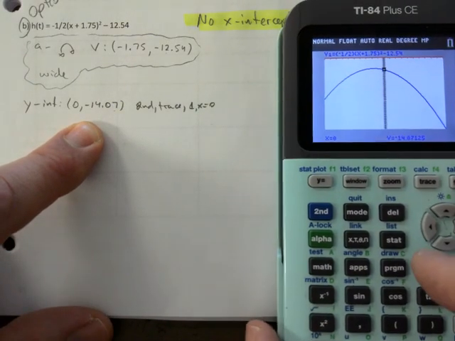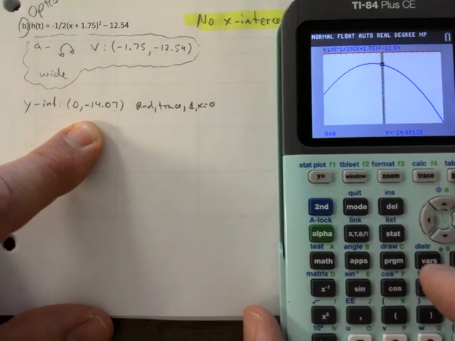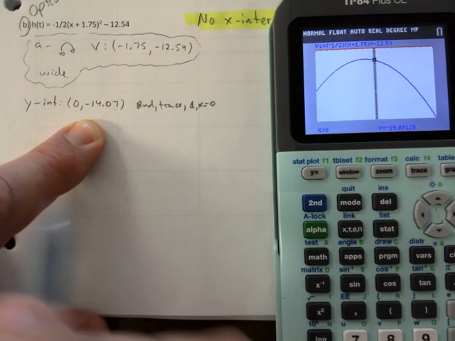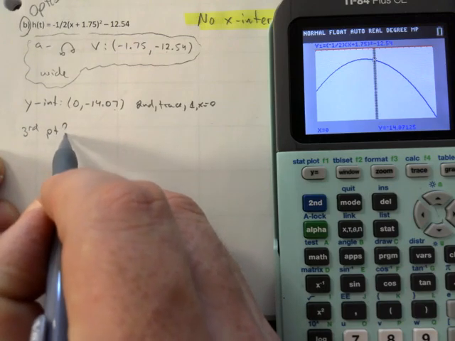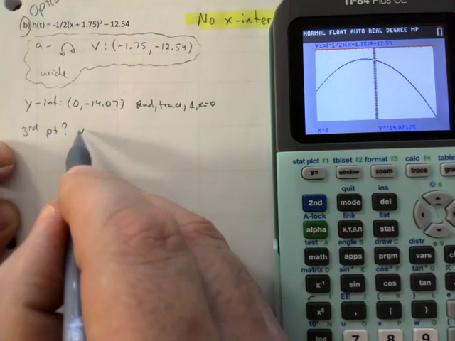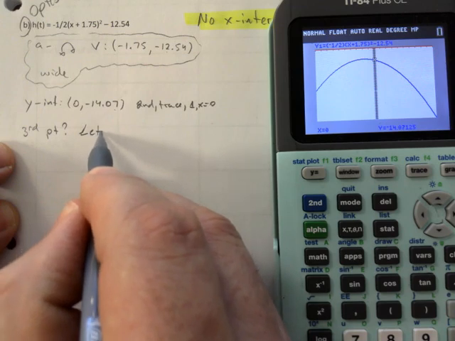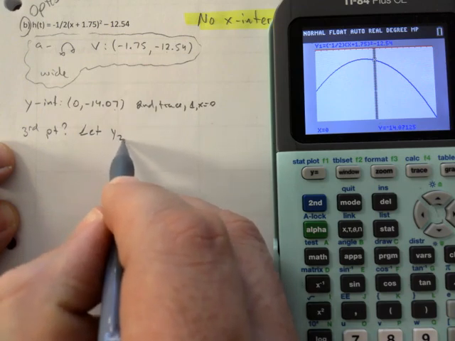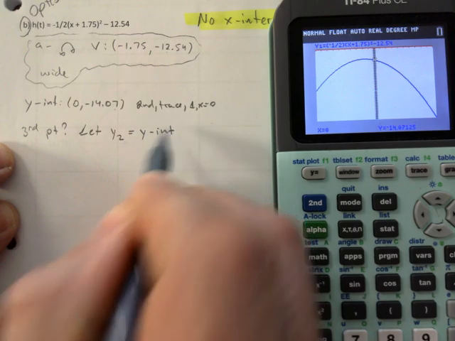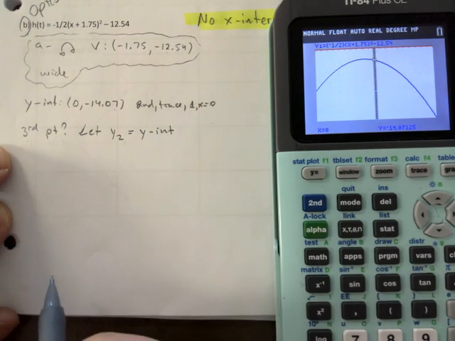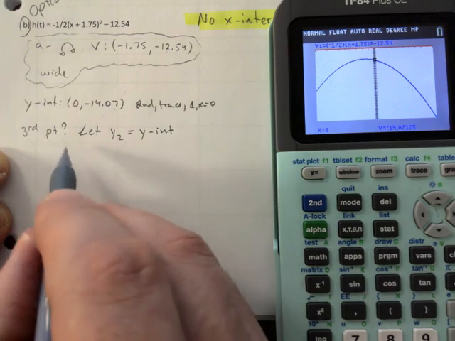So here's what I'm going to suggest we do for the third point. How would I do that? Watch this. Let y2 equal the y-intercept. That's my cheat for this scenario, which should help you.